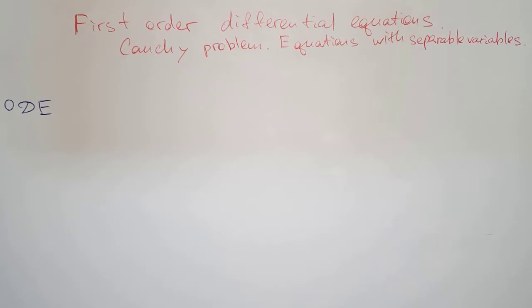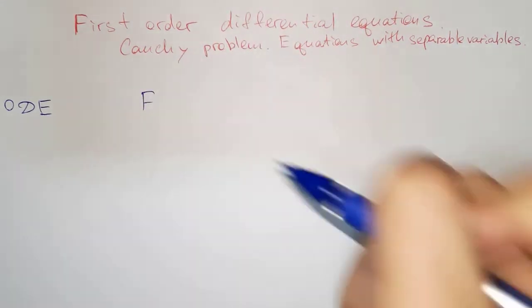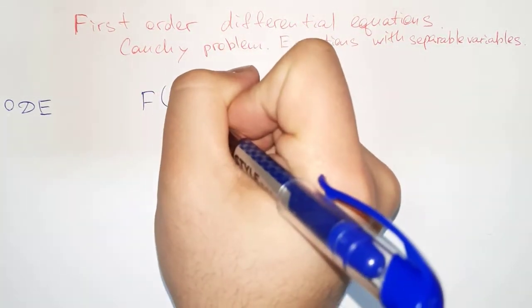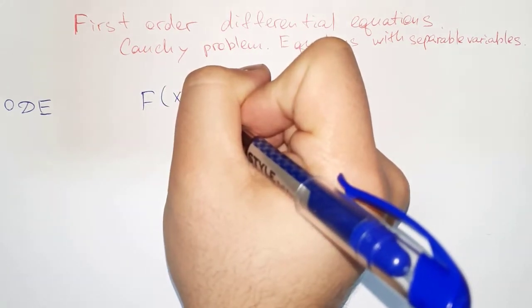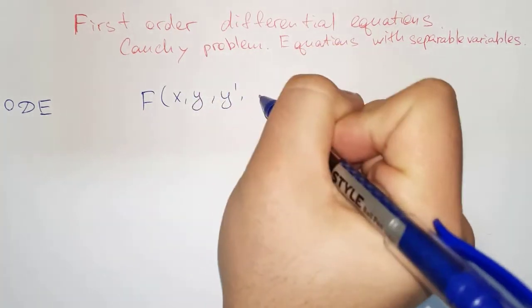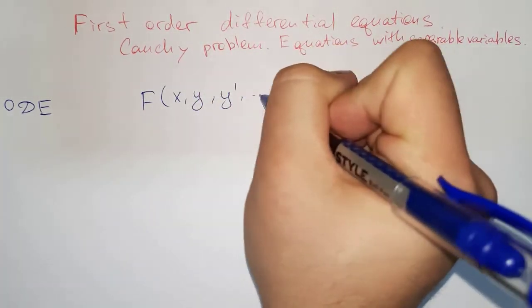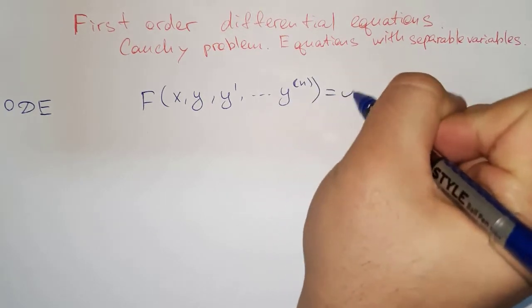It is indicated by the following equation: F, in general, with n plus 2 variables, x, y, y derivative, then the second derivative, etc., till the n-th derivative, equals 0.